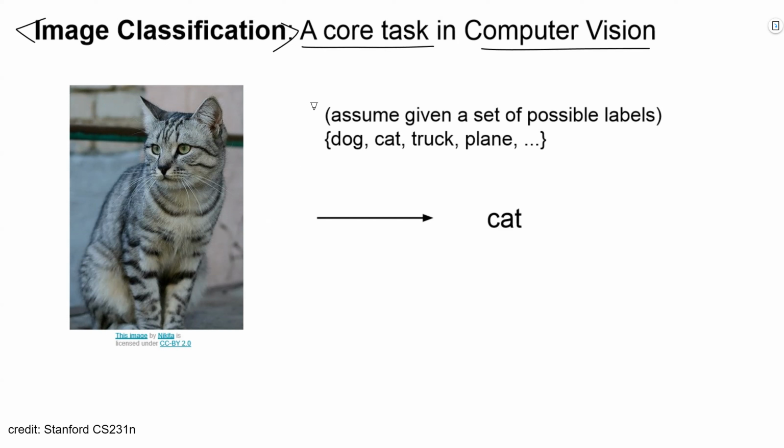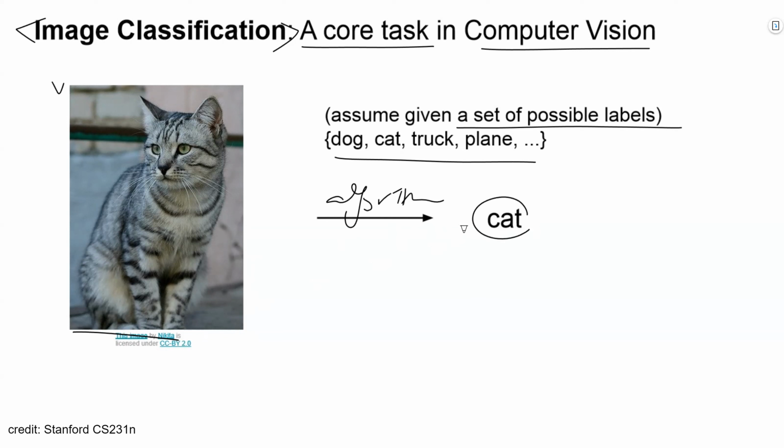Given an image containing an entity, there is a set of possible labels, and our goal is to design an algorithm that can choose the correct label among these possible labels. In this case, the image of a cat is given, so the label should be cat.